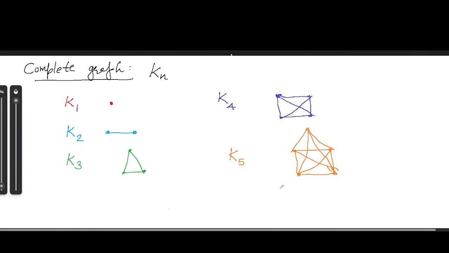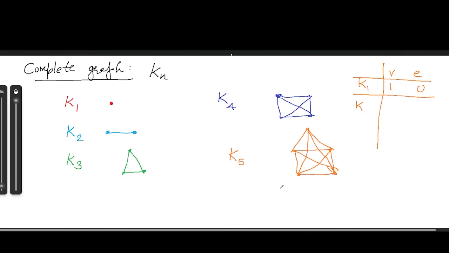That means each pair of distinct vertices are joined by an edge. So in K1, the number of vertices is 1 and the number of edges is 0. Here in K1, we can consider the number of vertices and number of edges. Number of vertices in K1 is 1. Number of edges is 0.